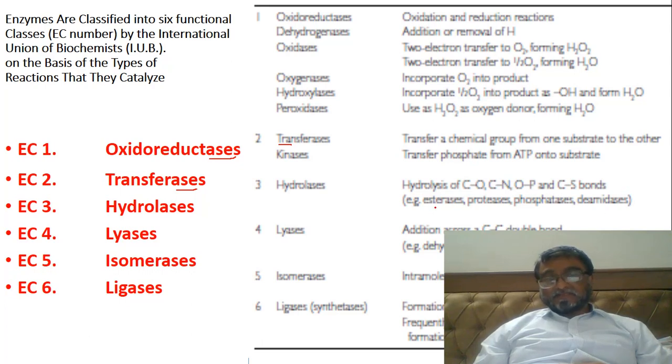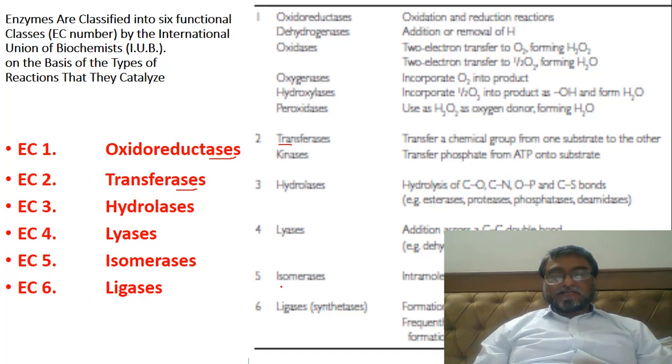Esterases, proteases, phosphatases, deamidases are the subclasses, and all of them belong to the class of hydrolases. Lyase means to break down. It involves addition across a CC double bond, and dehydratases, hydratases, and decarboxylases belong to the class of lyases.